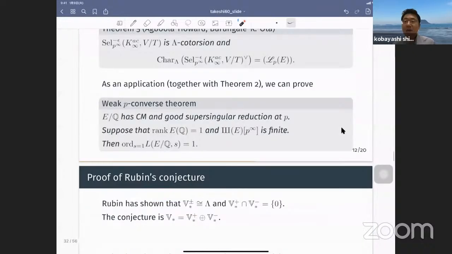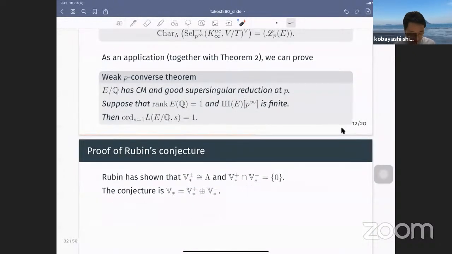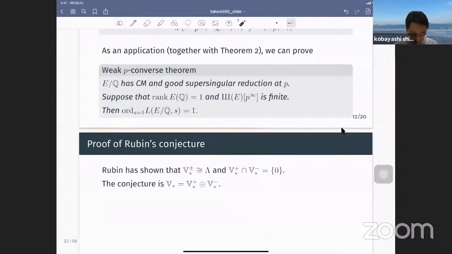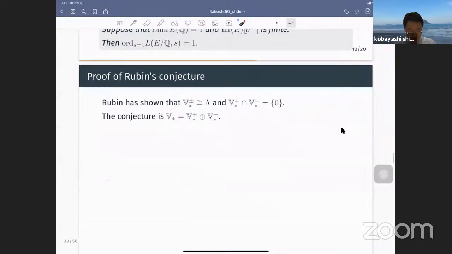And now, I have 10 minutes. So I explain our proof of Rubin's conjecture. Rubin has shown that V plus minus is of lambda rank 1, and there's no non-trivial intersection, and the conjecture is a decomposition.